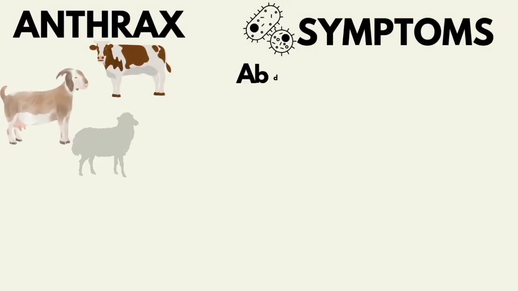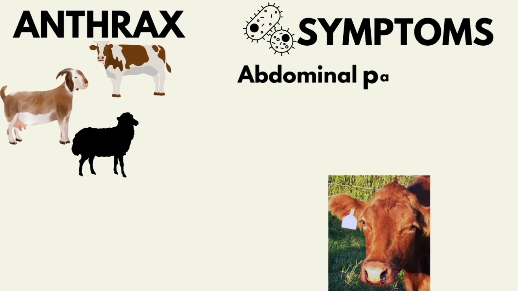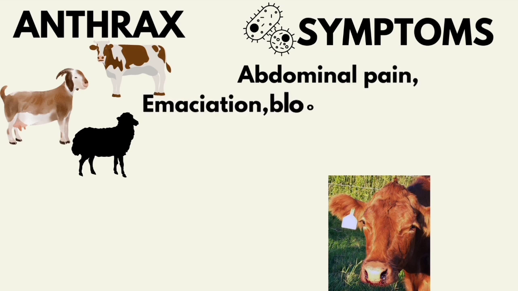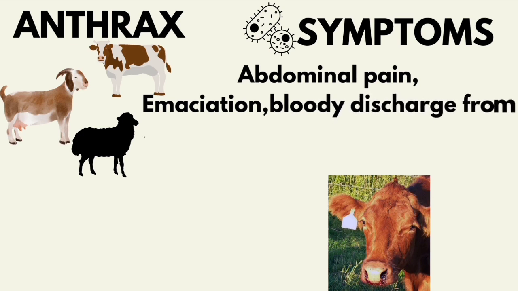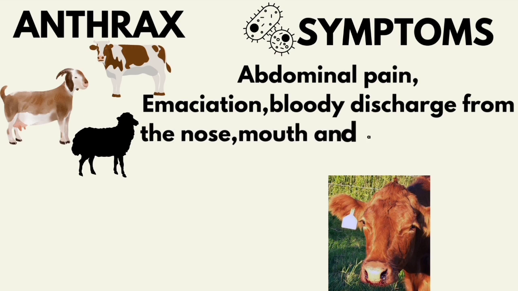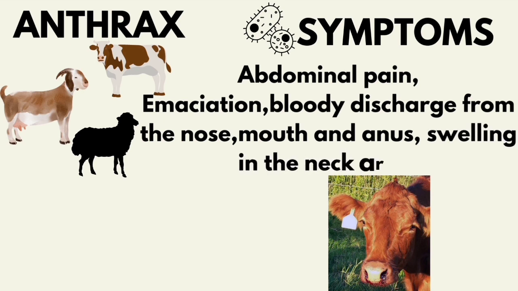The next disease is anthrax. Anthrax is also a bacterial disease that mostly affects cattle, sheep, and goats. Symptoms include abdominal pain, emaciation, bloody discharge from the nose, mouth, and anus, and also swelling in the neck area. Anthrax is a zoonotic disease, meaning it also affects man.